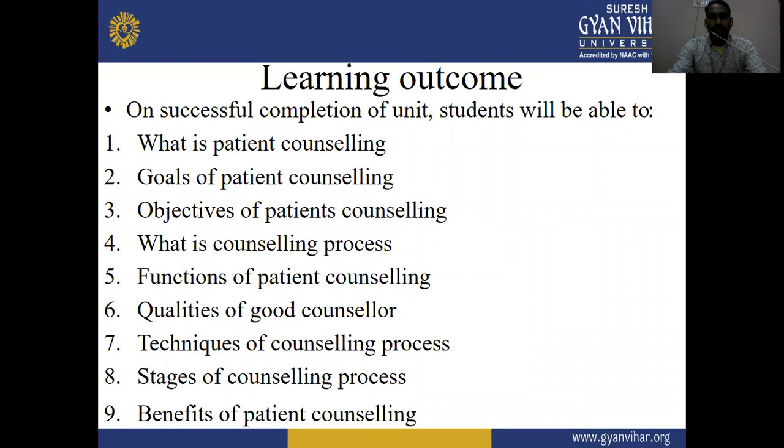On successful completion of the unit, students will be able to explain what patient counseling is, the goals of patient counseling, the objectives of patient counseling, what the counseling process is, the functions of patient counseling, the qualities of a good counselor, the techniques of the counseling process, the stages of the counseling process, and the last learning outcome, the benefits of patient counseling. These are the learning outcomes of this topic.